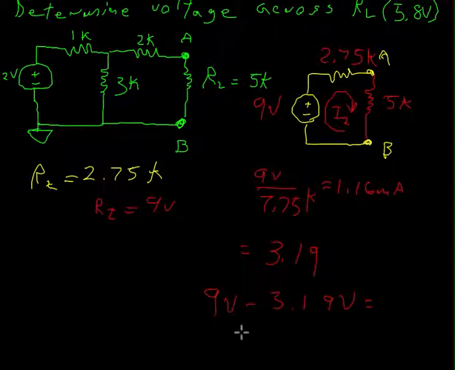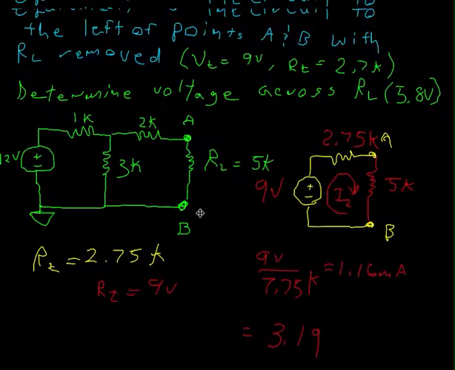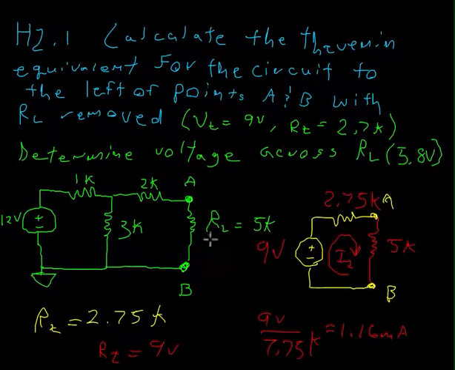It tells us that 5.81 volts is what we're going to see at the load. So we have proven and verified the statements in the original question. The V Thevenin is 9 volts, the R Thevenin is 2.75, and the voltage across the load is 5.8.